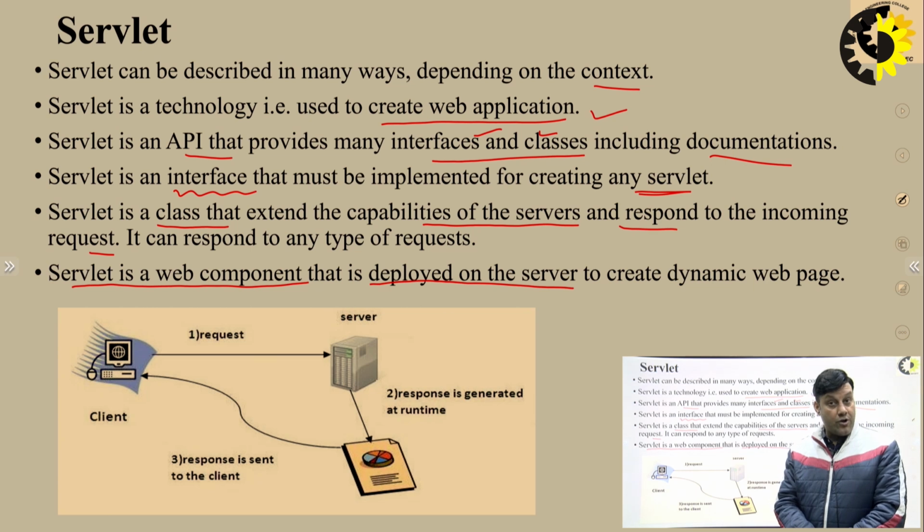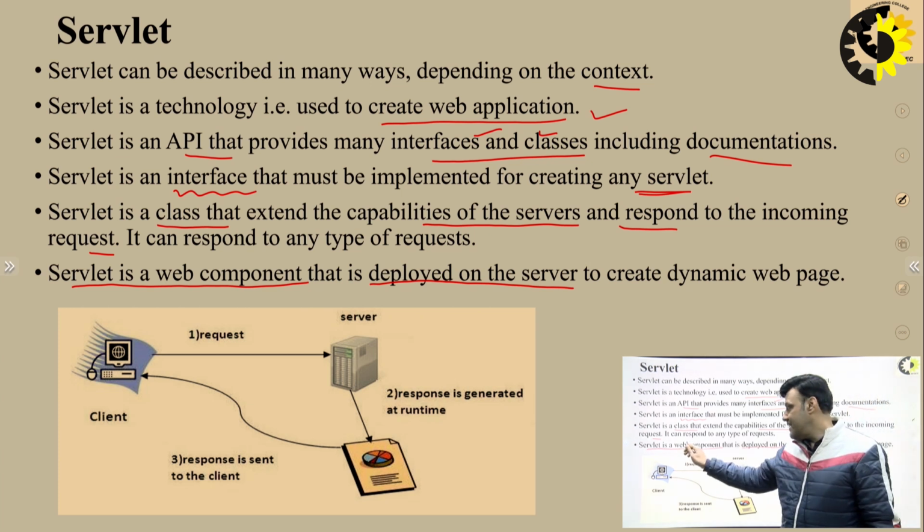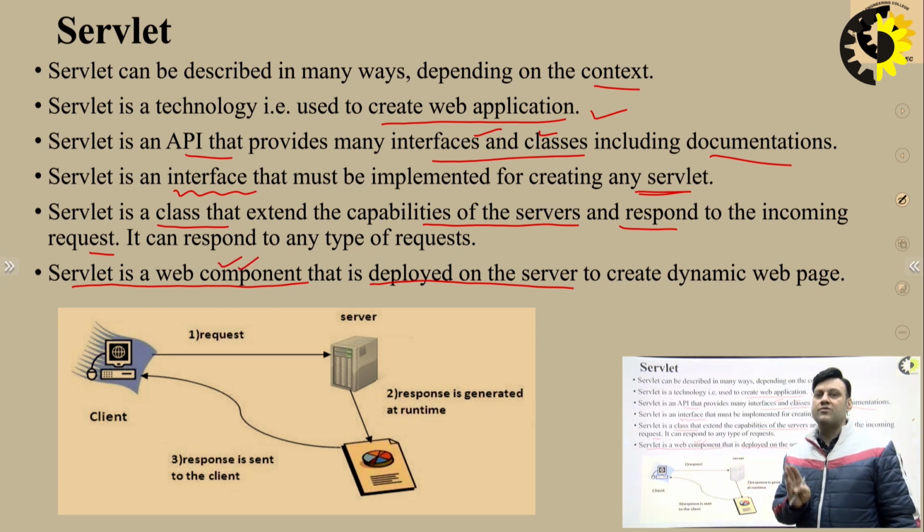So why do we call it a web component? Because here we are going to create dynamic web pages. So it is called a web component, right? So 2-3 things you must keep in mind. Servlet is a technology. What type of technology? Server side technology, number 1, okay? Servlet is an API.